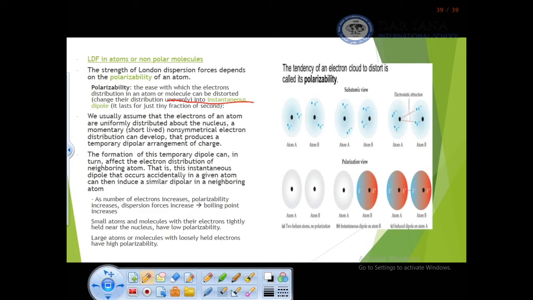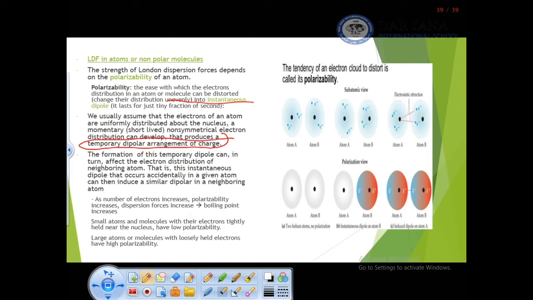We usually assume that the electrons of an atom are uniformly distributed about the nucleus. A short-lived, non-symmetrical electron distribution can develop, which produces a temporary dipole arrangement of charge.